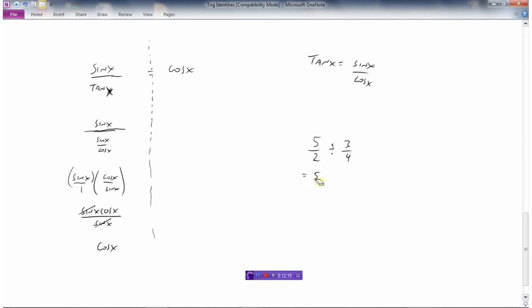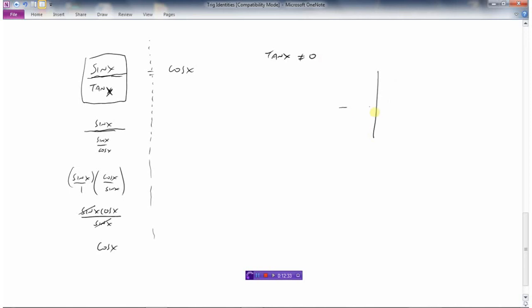Let's look at our non-permissible values for this one. So what are the values of x that wouldn't work? Well, we go back to the original expression and we say, okay, sine x divided by tan x, so tan x cannot equal 0 because we can't divide by 0. Well, and again, if we look at our tan graph, where is tan x equal to 0?